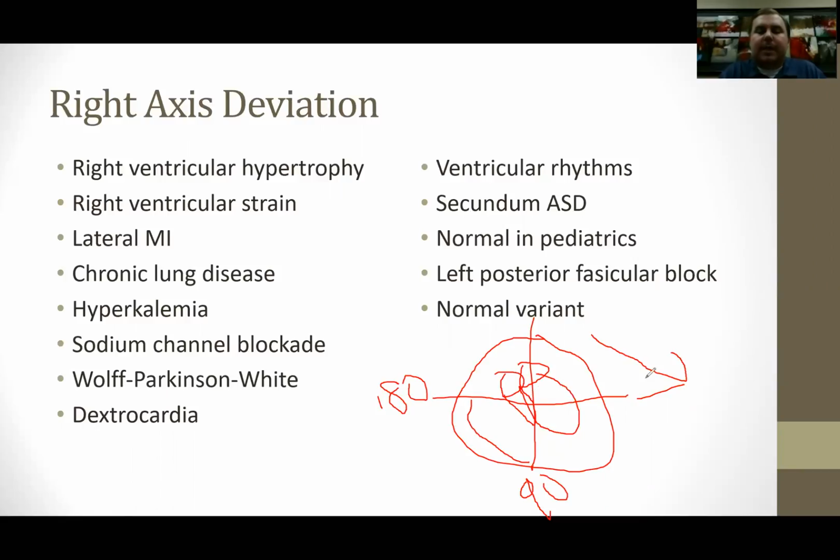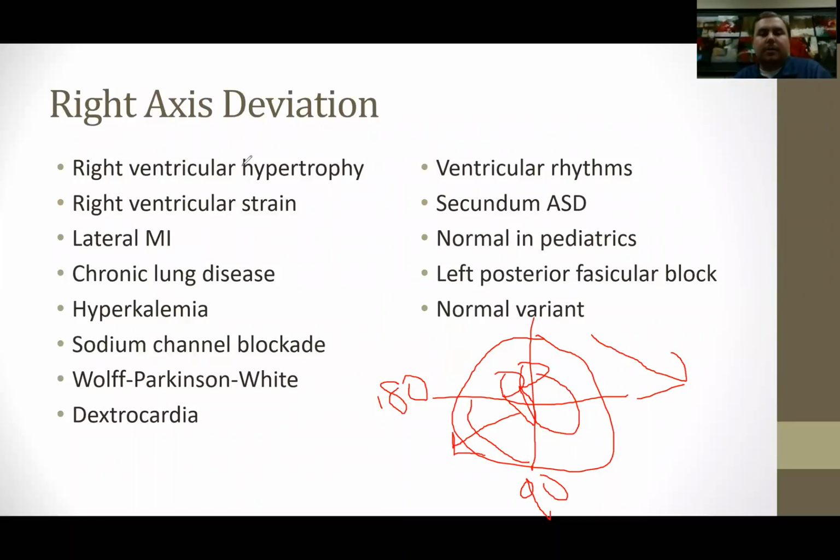With right axis deviation, instead of it going down here towards the apex, which should normally happen because you'd want it to conduct down through the bundle branches out to the Purkinje fibers and then have the entire ventricle collapse upward, pushing the blood out, it's pointing towards this quadrant. So it's pointing more so towards the right ventricle, which is ineffective for left ventricular pumping.